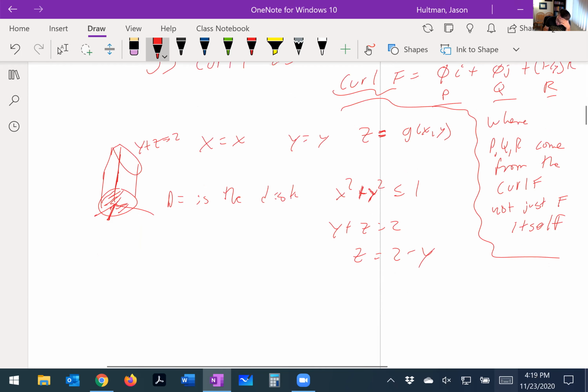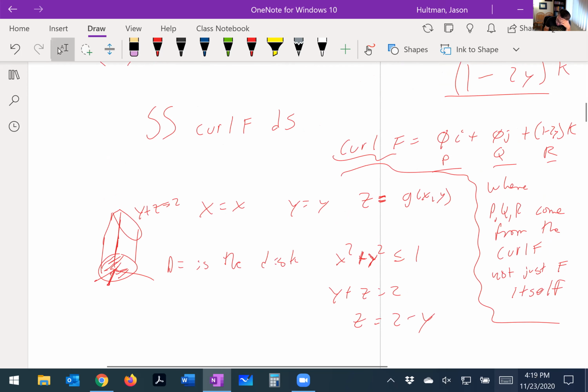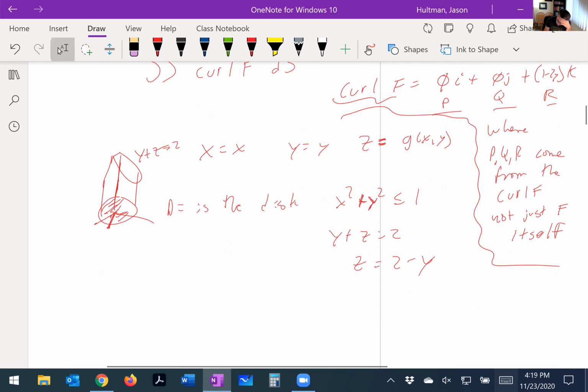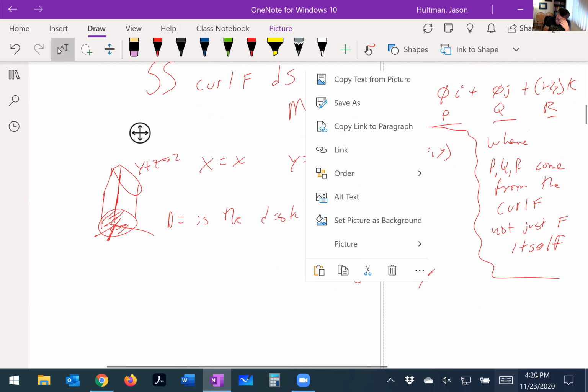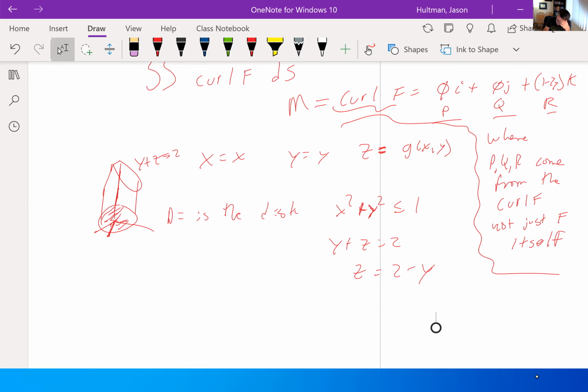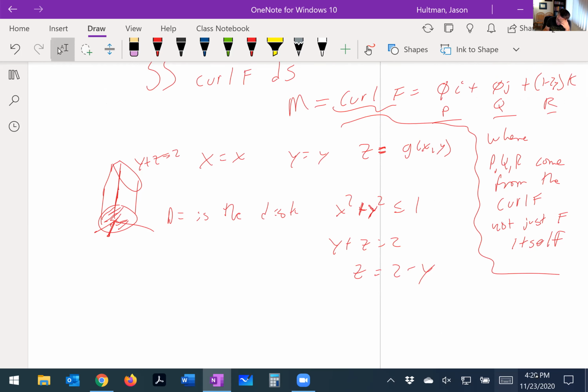So the curl of F is equal to this thing here. Maybe I can make this another letter, how about M? Because there's too many F's.